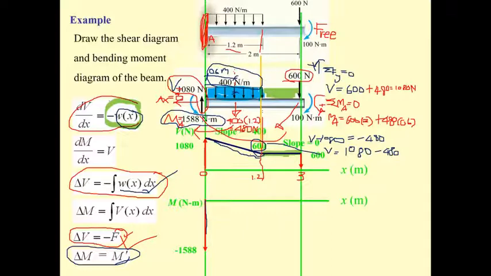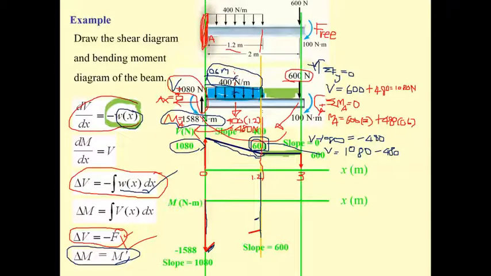And then the shear at the point A is 1080. So the slope here, dV by dx, must be positive. However, the value of the slope decreases to 600, so over here the slope is going to be less.